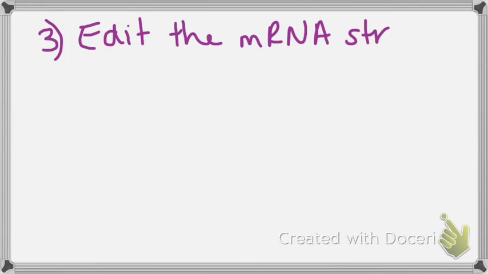Okay, because sometimes there are pieces in there that we don't actually need to send out of the nucleus to the ribosome. So when we edit the mRNA, we're going to have introns and exons.